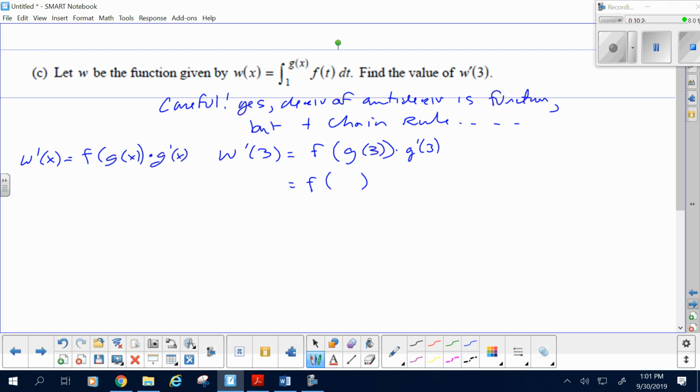I don't have the table in front of me, help me out here. 4, what's G prime at 3? 2, what is F at 4? -1, so you get -2 for an answer. Boom. Okay. If you didn't remember the chain rule or you didn't quite know how to work it out, it's the idea that the derivative and the antiderivative are inverses, but then there's also this chain rule component to it.